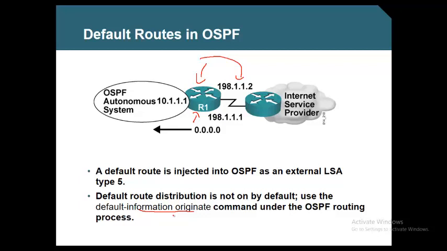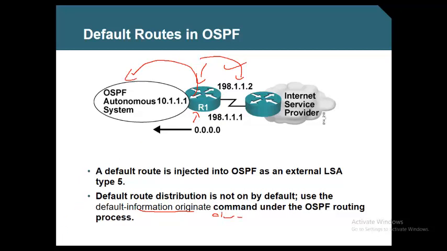But what if I don't have a default route and I want to have OSPF to advertise it? Then you need to use the keyword always. The default information always command will make R1 advertise the default route even when there is no static default route available.